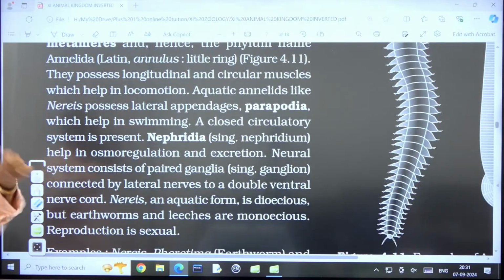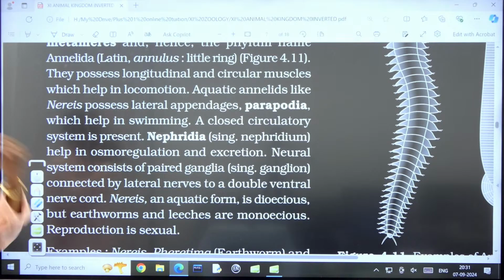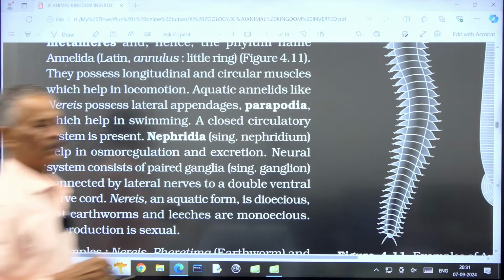Now, here you are having a circulatory system developing, which is having blood.